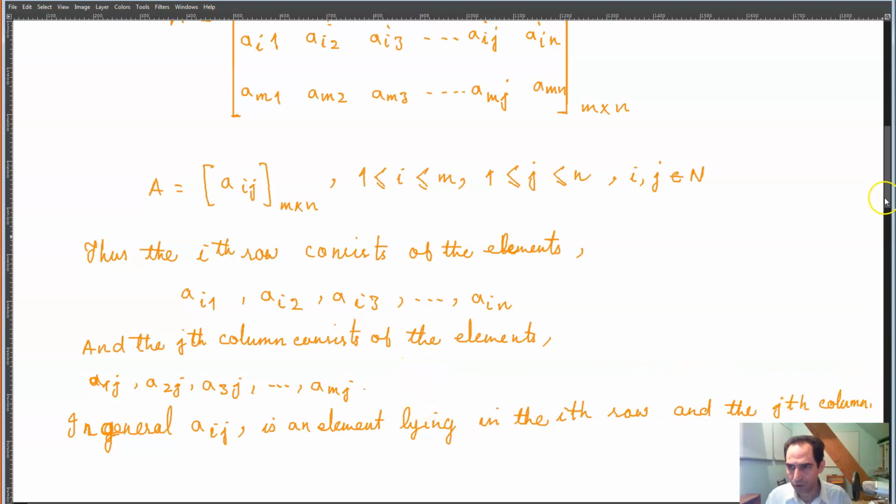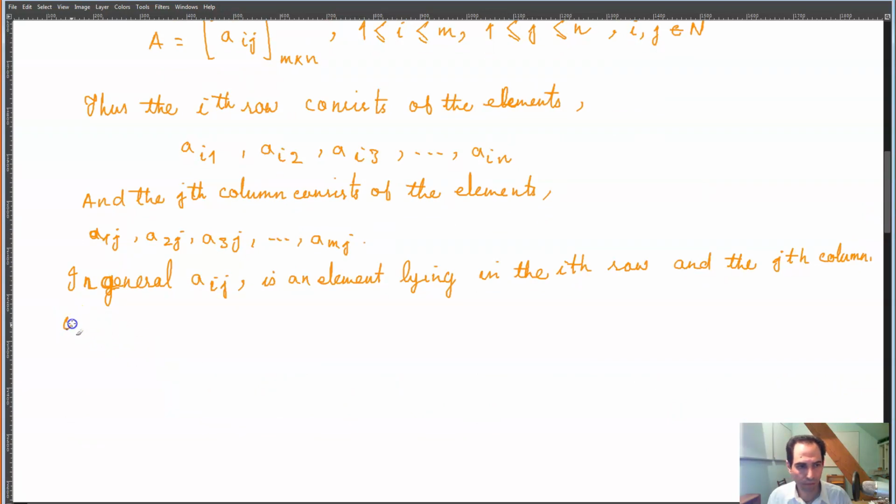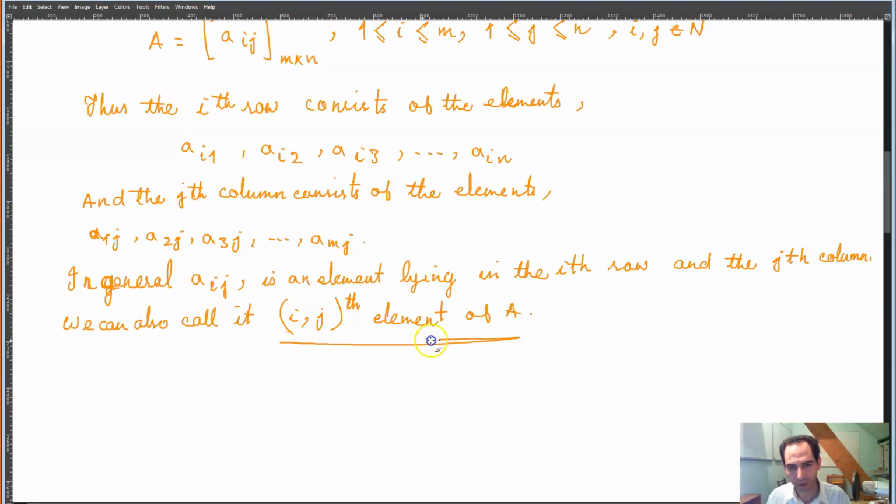And we can also call it the (i, j)th element of A, for example. You can call it this way as well, or you can call it this way.